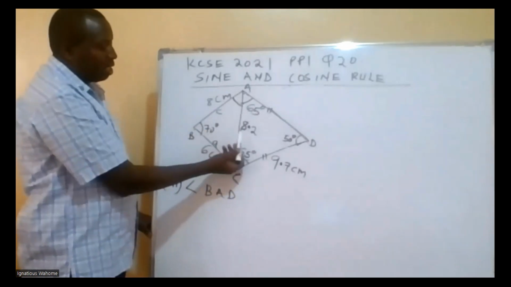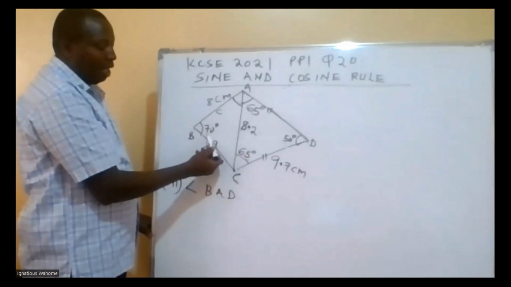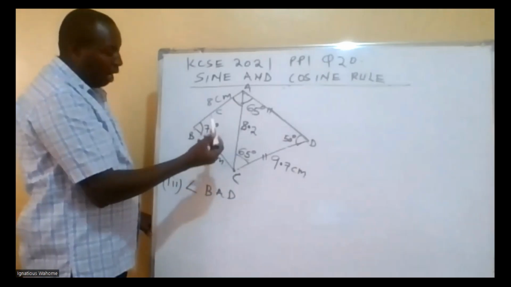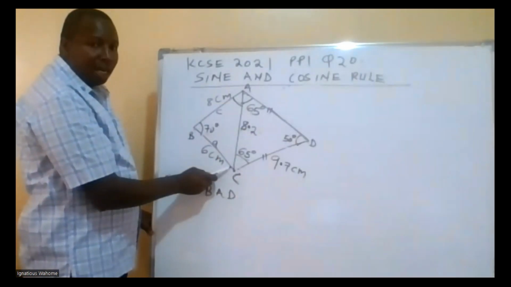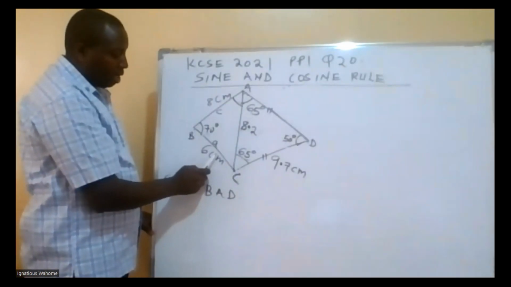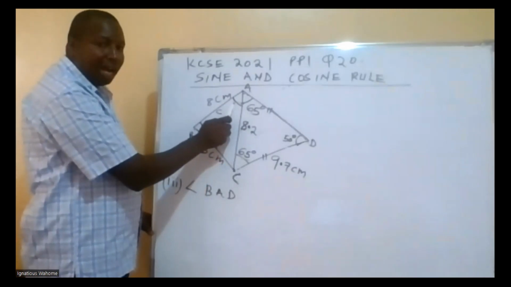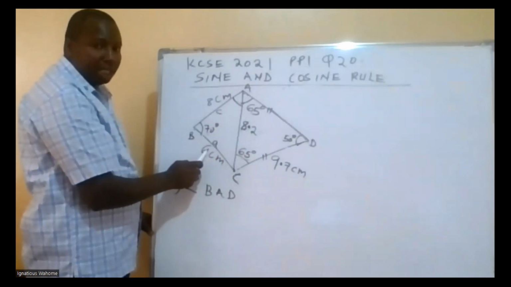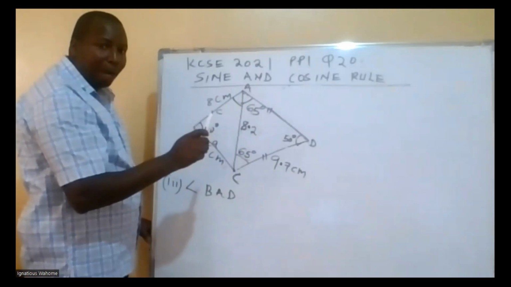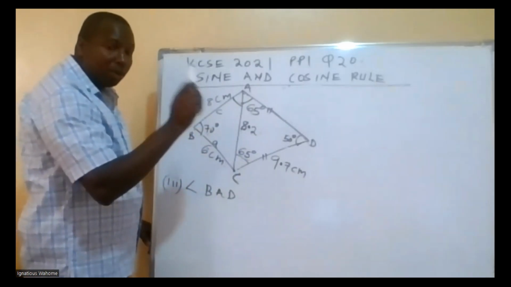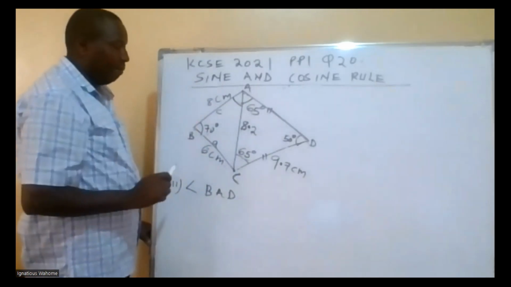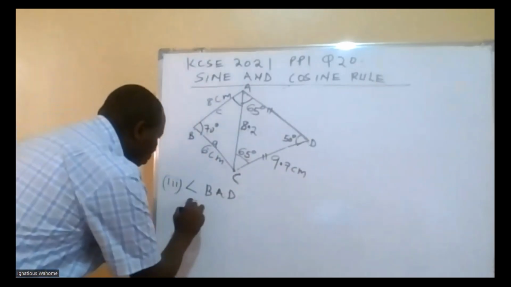Because we have this side 8.2 and the angle of 70, and we have 6 centimeters, we require the angle that is opposite to 6 centimeters. In this case, we are going to apply the sine rule again.